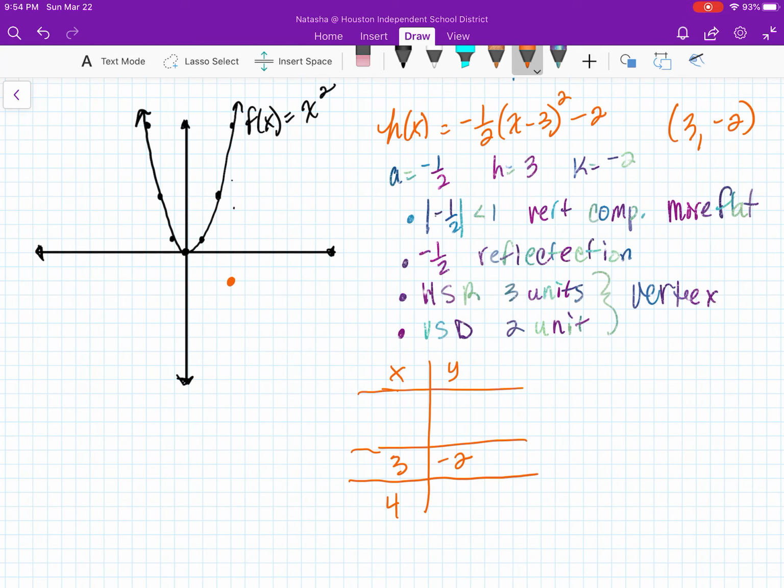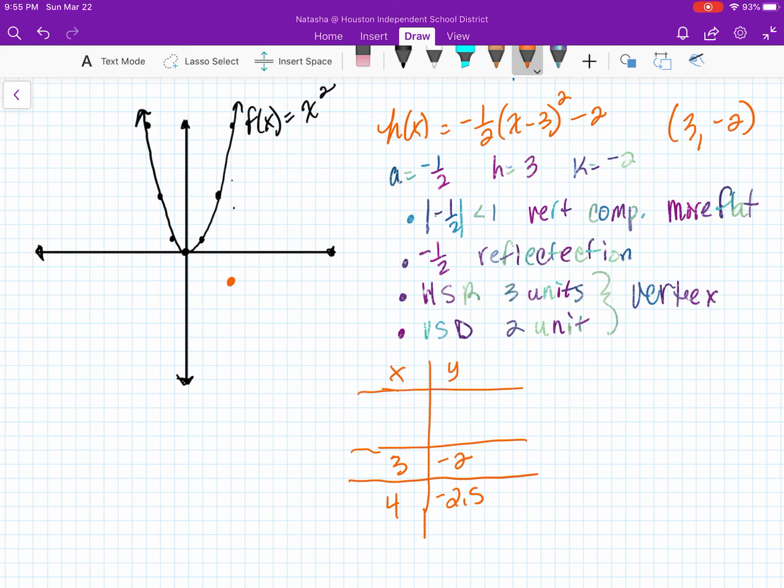Let's say x is equal to 4. That's 4 minus 3, which gives me 1. 1 squared is 1. Then I times that by negative 1/2, and then minus 2, which gives me negative 2.5.